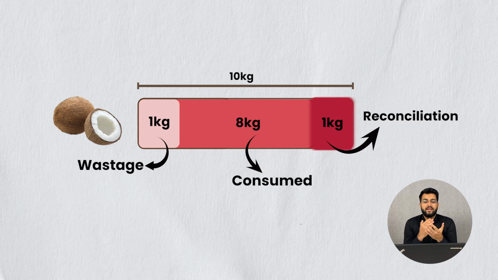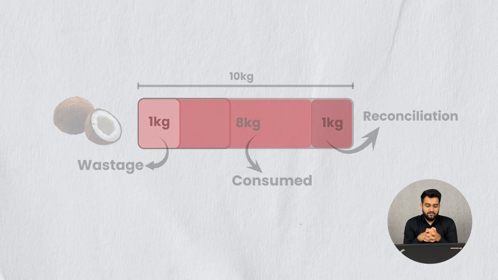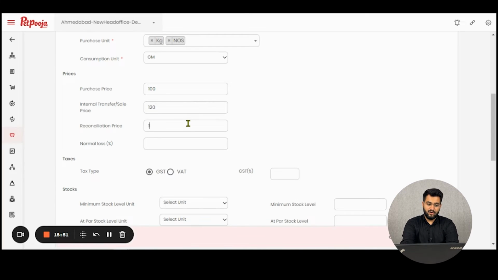But when the staff goes and checks the inventory, they find that there is no coconut left inside the inventory, which means we'll be bearing loss of 1 kg coconut. Now this 1 kg will also need a price so the system can know the amount of loss. We will be putting here the amount of 120 rupees.